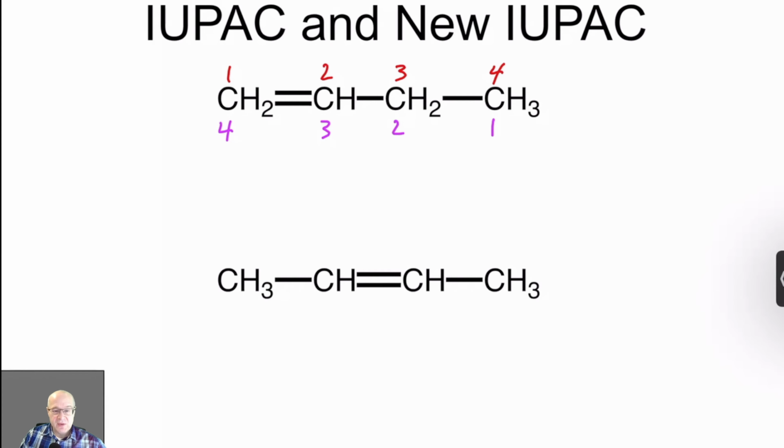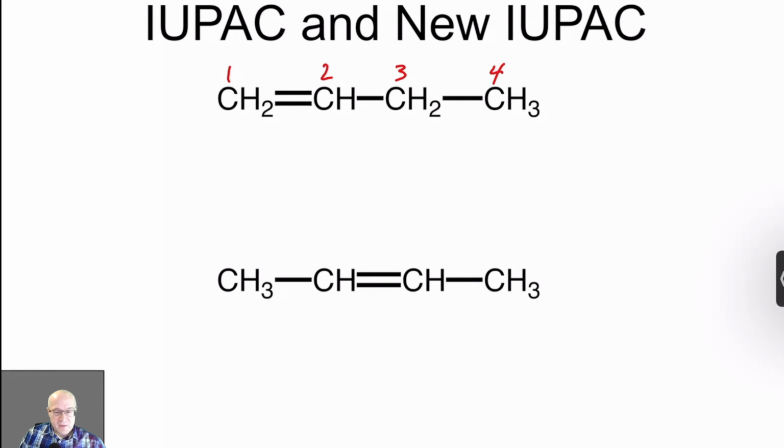So obviously, the red numbers give it the 1. So the double bond would start at carbon 1 and go to carbon 2. The purple numbers start at carbon 3 and go to carbon 4. So obviously, the purple numbers are not the right ones because they're giving you a higher number. So let's get rid of the offending numbers.